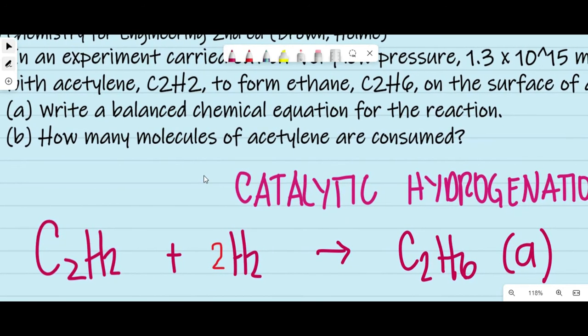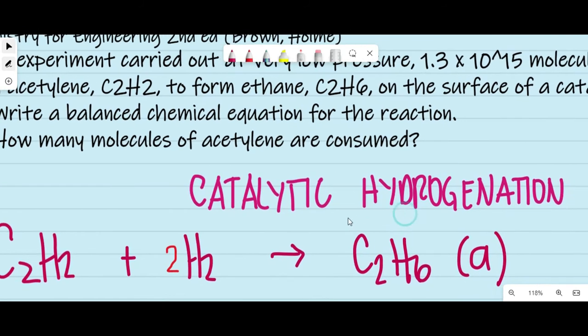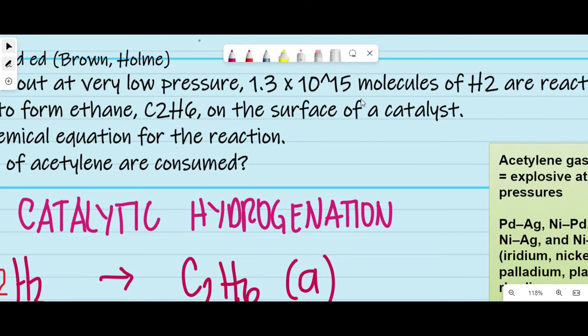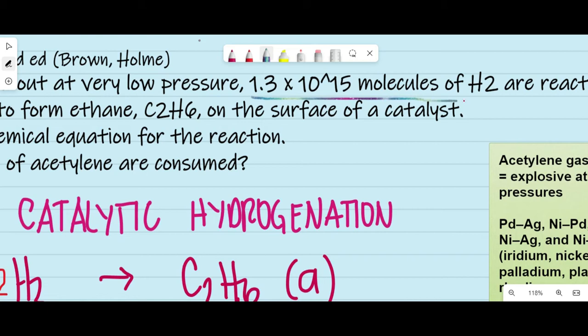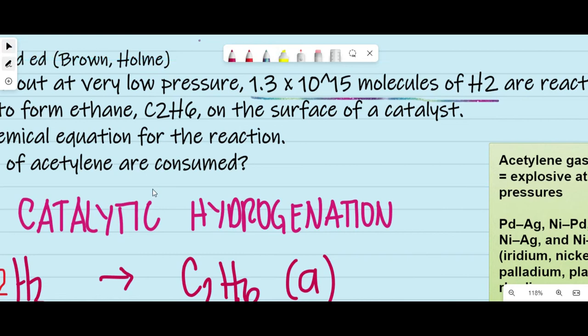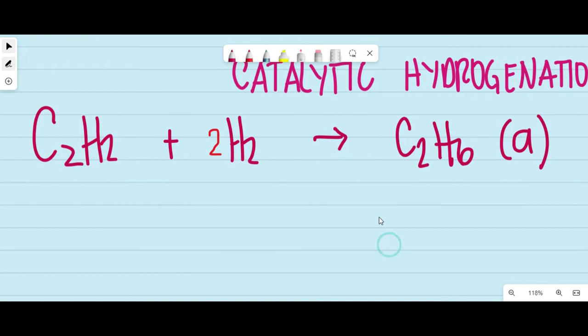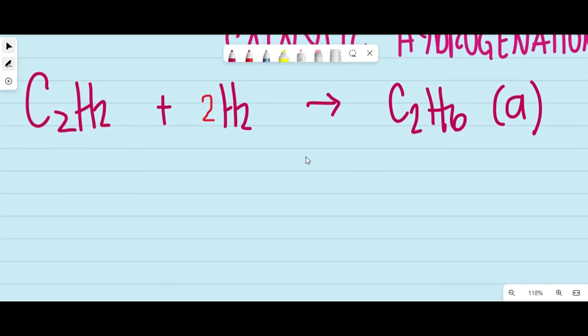So what other information do we know about this reaction? It states that we have 1.3 times 10 to the 15 molecules of hydrogen. This is the value that we will use as the basis for calculating the number of molecules of consumed acetylene. This problem requires the concept, and technically the value, of Avogadro's number.